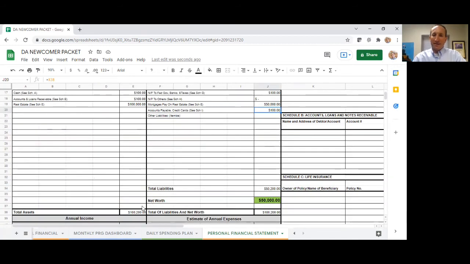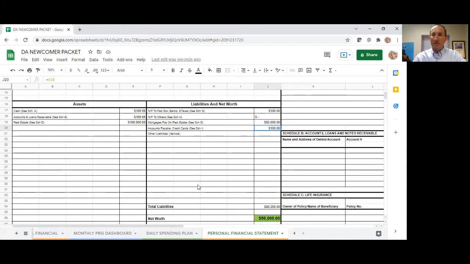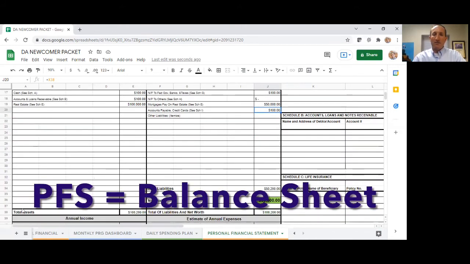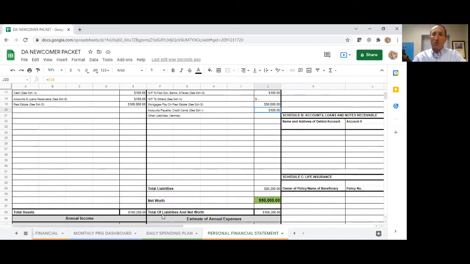They call it a balance sheet. A lot of times you'll hear businesses call this a balance sheet. It's a balance sheet because the assets balance out and equal the liabilities plus the net worth. So the total liabilities of $50,000 plus the net worth of $50,000 equals total liabilities and net worth.